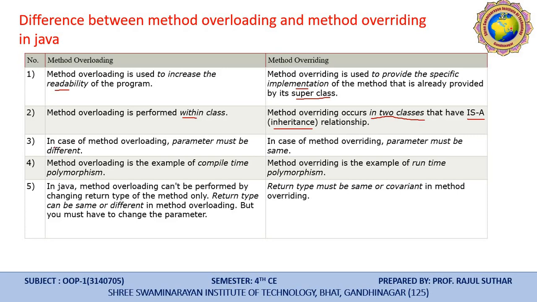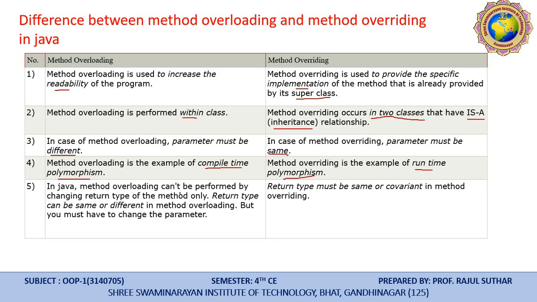In case of method overloading, the parameters must be different whenever we pass them. While in method overriding, the parameters must be the same. Compile time polymorphism is an example of method overloading, and runtime polymorphism is an example of method overriding.